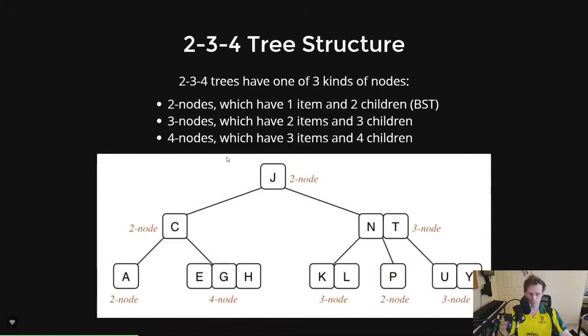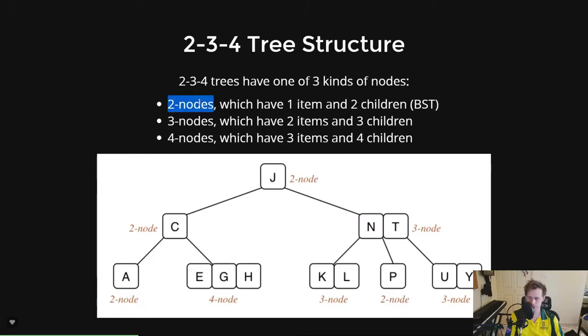So this is a 2-3-4 tree. 2-3-4 trees have one of three kinds of nodes: 2 nodes, 3 nodes, or 4 nodes. If they have 1 child or 0 children, we'd probably still call them 2 nodes, because it's just like a normal binary search tree node, which is why this one here says 2 node, even though it has no children.